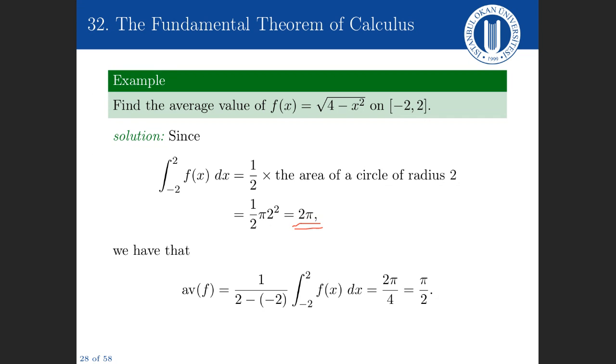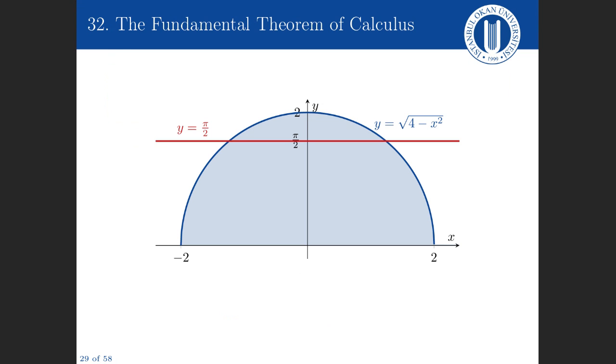And then we use the formula for the average value of f, 1 divided by b minus a, or 1 divided by 2 minus minus 2, multiplied by this integral that we've just found, and we get that the average value of the function is pi divided by 2. Here's a graph of this function, and here the red line is the average of this function.